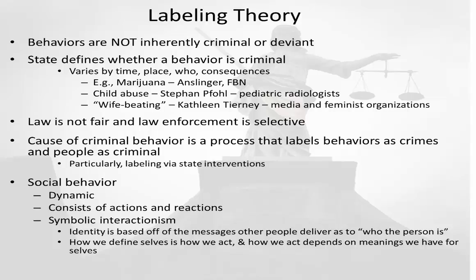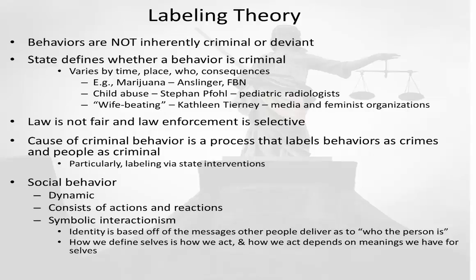So here on this slide, I have a few examples of how new laws are created based on the actions of a few people. Marijuana was criminalized because Anslinger, who was the head of the Federal Bureau of Narcotics, advocated for the criminalization of marijuana since it was a substance primarily used among Mexican migrants.